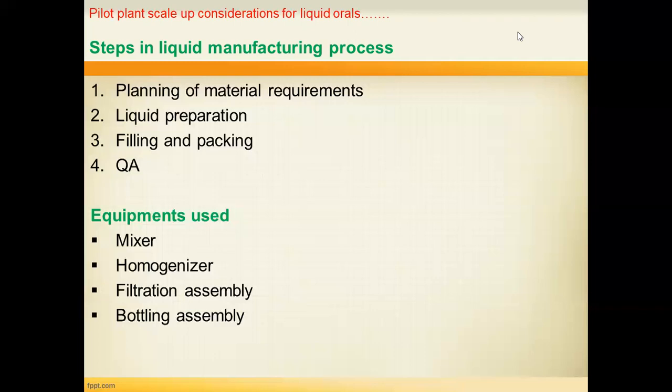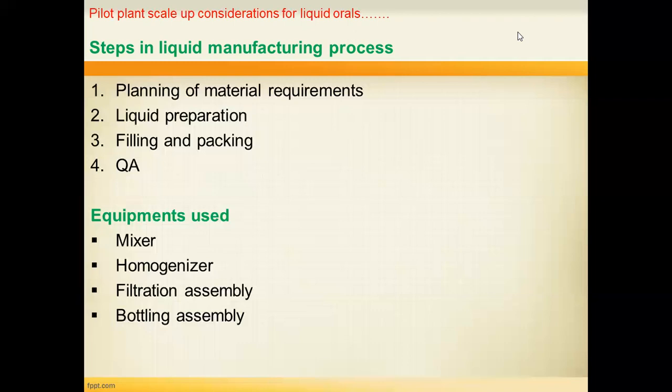overall formulation process. In the case of a suspension, you have to consider various parameters, such as the addition and dispersion of your suspending agent, because the suspending agent stabilizes the suspension. The apparatus used at lab scale differs from that used in scale up, where you prepare on a large scale.